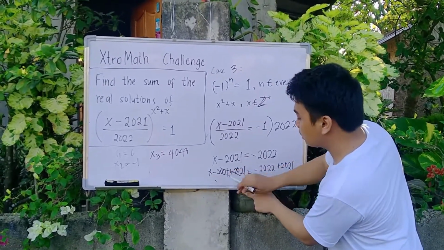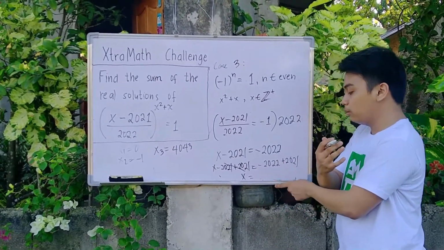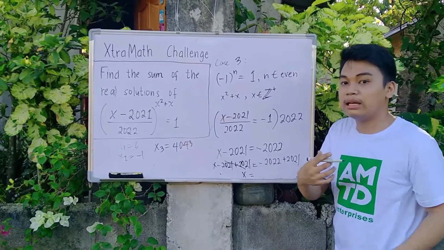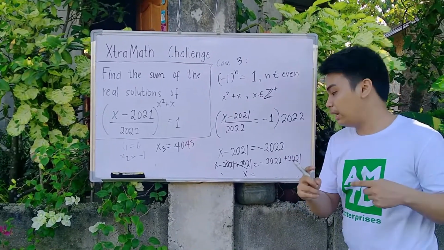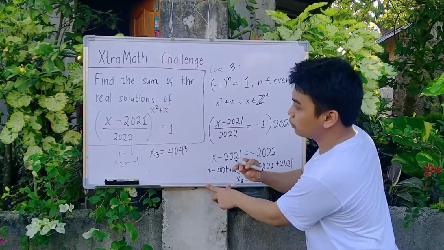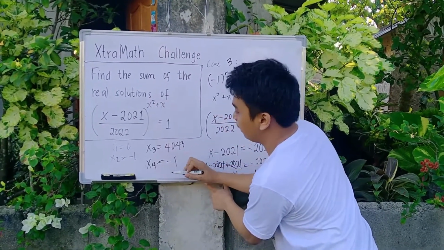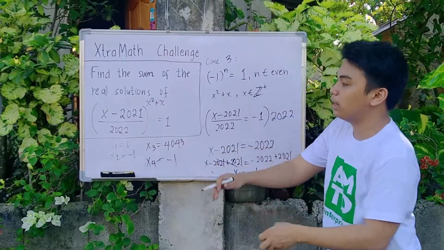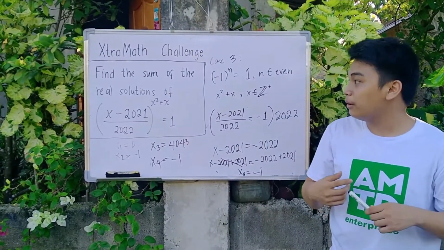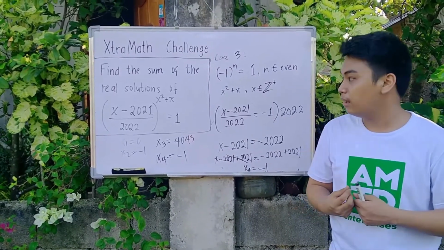That means x is equal to -2022 plus 2021, that is equal to -1. So, that means our fourth real solution is -1 din, same sa second real solution natin. So, may nakuha tayong isang real solution sa case 3 natin.